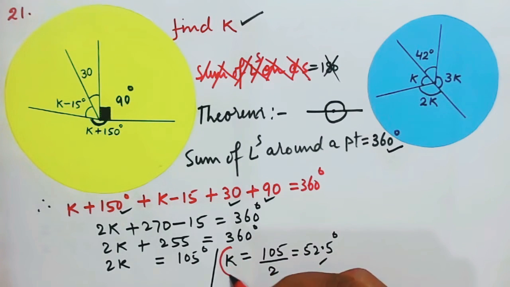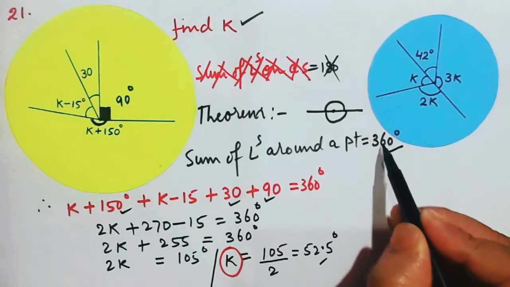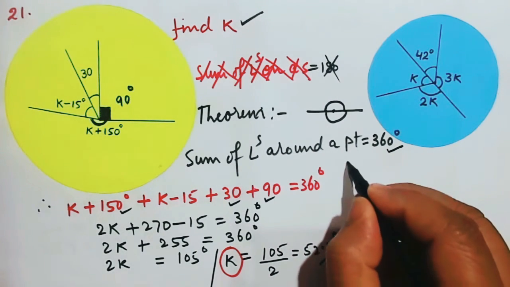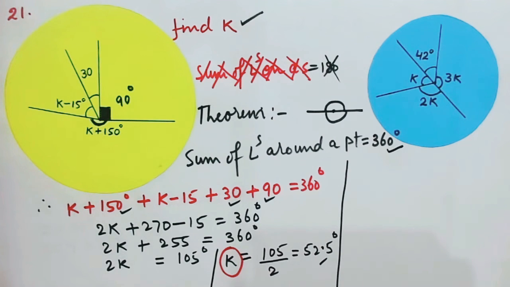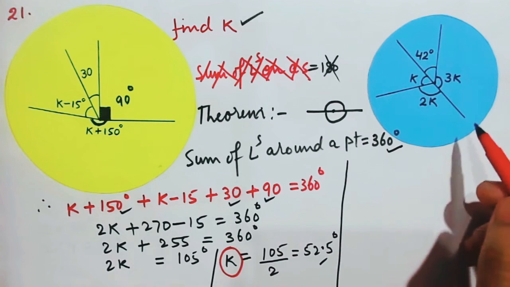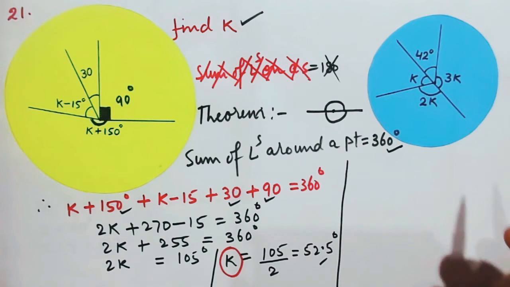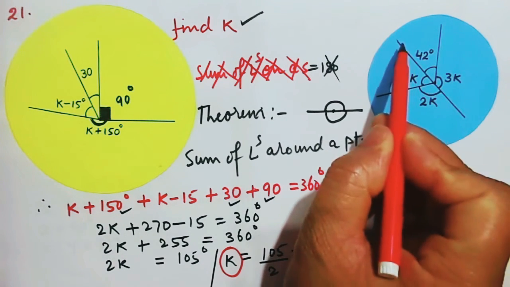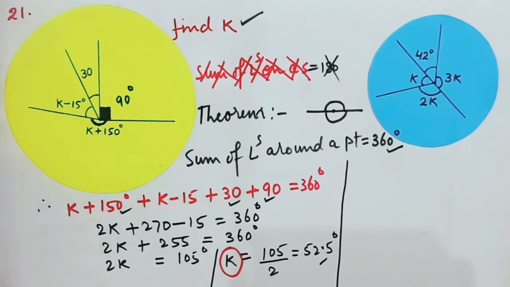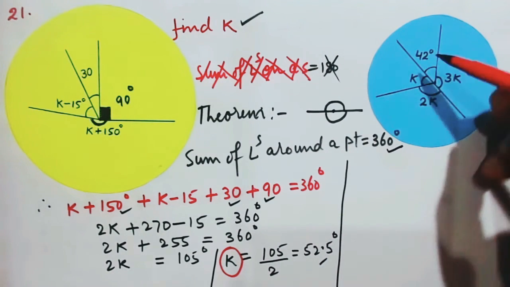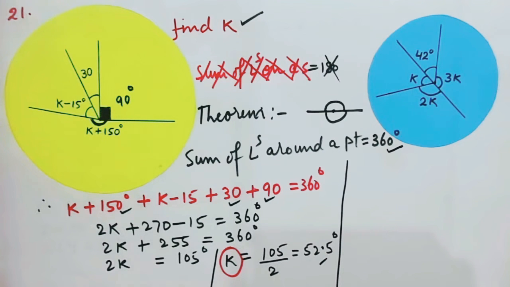This is the value of k which we have found out using sum of angles around a point is equal to 360 degree. Shall we use the same over here also? Here one angle is given, 42, 3k. Though you can see that this is a straight line, just looking at the line and assuming that it is a straight line should not be taken for granted.